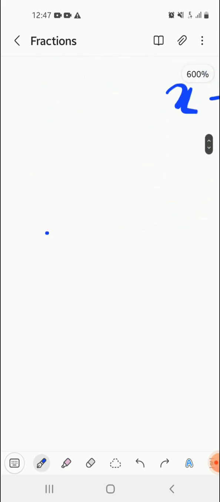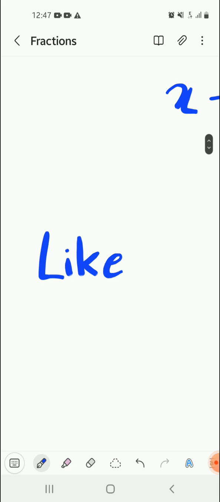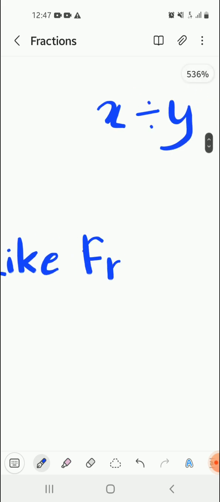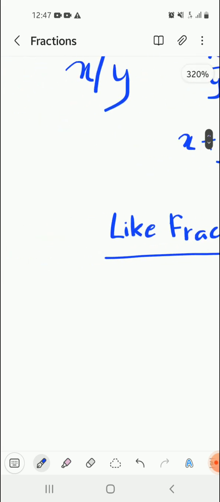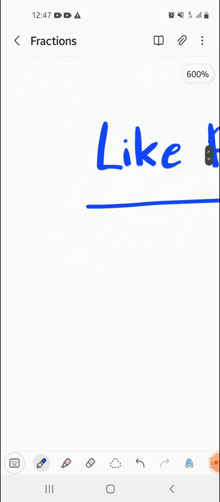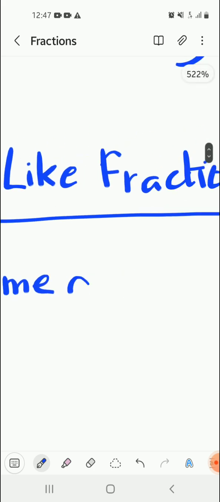First, the like fraction. Like fractions are basically fractions that have the same denominator.